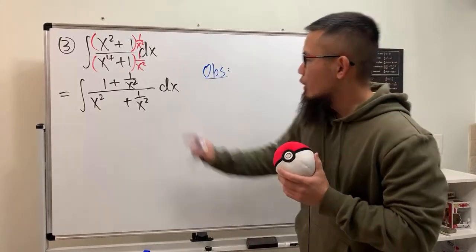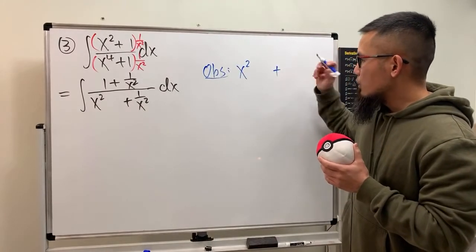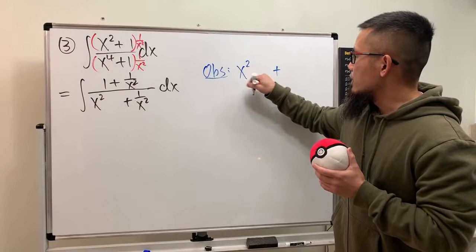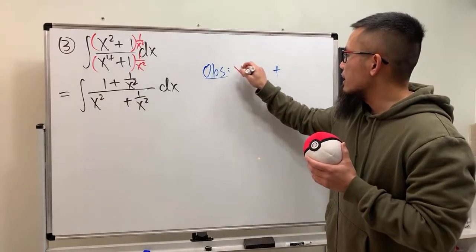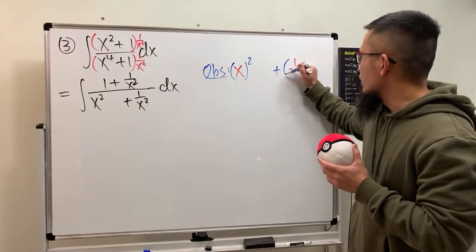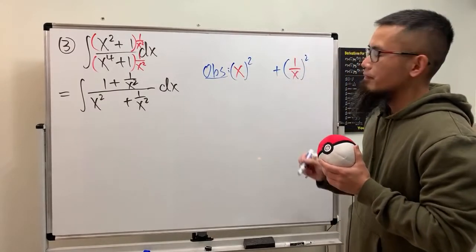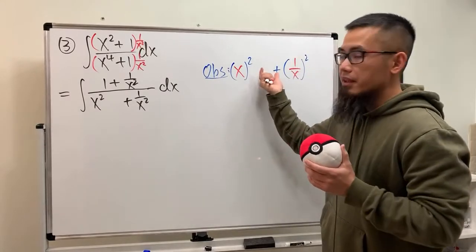Right here, when we have x squared plus 1 over x squared, let's look at it like this. The x squared is the same as x to the 2nd power, and the 1 over x squared is 1 over x to the 2nd power. This is almost a perfect square if we have something in the middle.